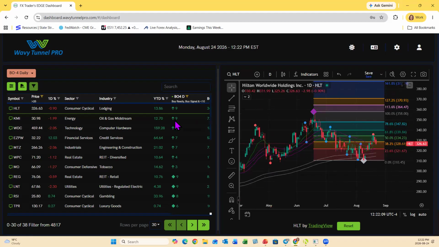This Hilton has an up arrow 9 candles ago. You notice in the breakout 4 column, you're either going to have an up arrow or a diamond. An up arrow, if I just show you, I have the scan for buy ready and buy signal under 10 candles.